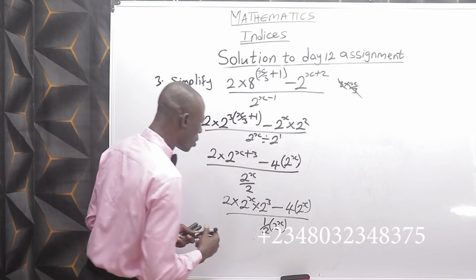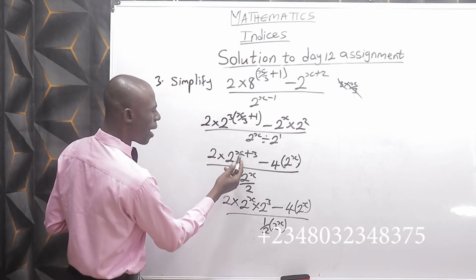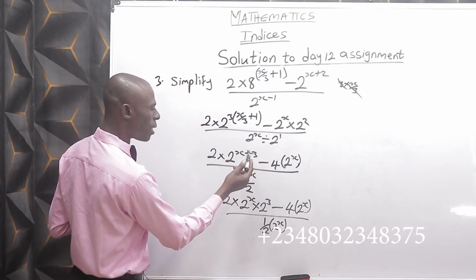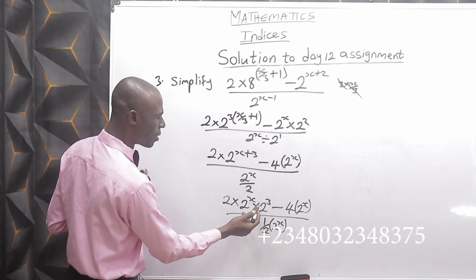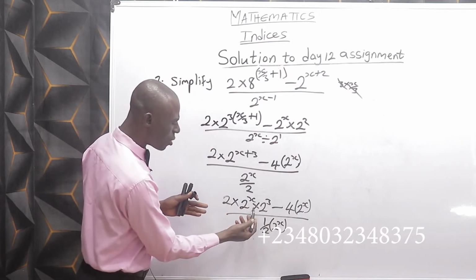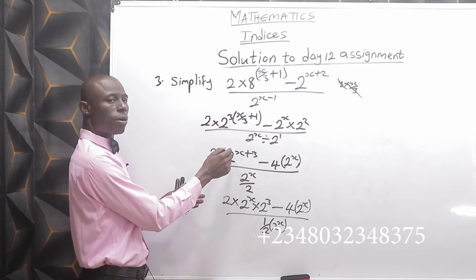Know that. Now, 2 raised to power x plus 3 could be reversed as 2 raised to power x times 2 raised to power 3. This is a reversal of what is above here.